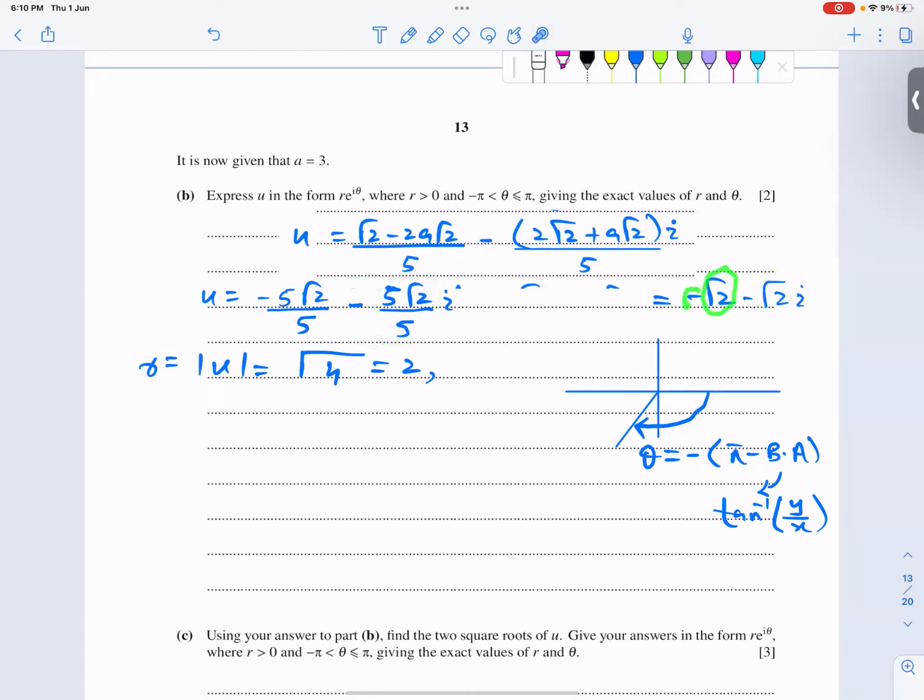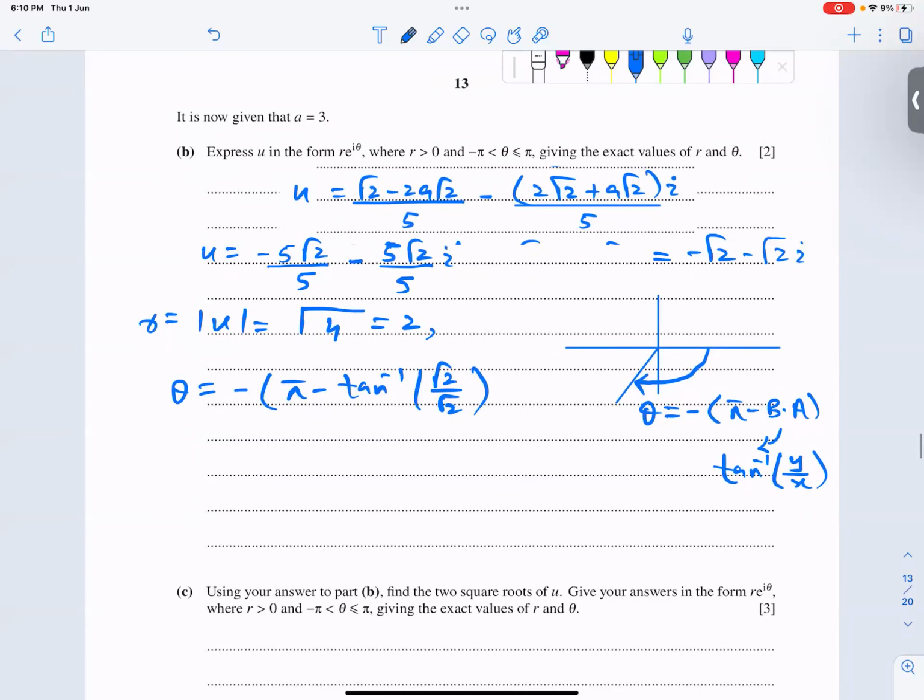We just ignore the signs while finding the basic angle. Anyway, coming back to the formula, theta will be minus pi plus tan inverse of square root 2 over square root 2, that is just 1. And tan inverse of 1 is a very famous value, that is just pi by 4. So minus pi minus pi by 4 will be just minus 3 pi divided by 4.